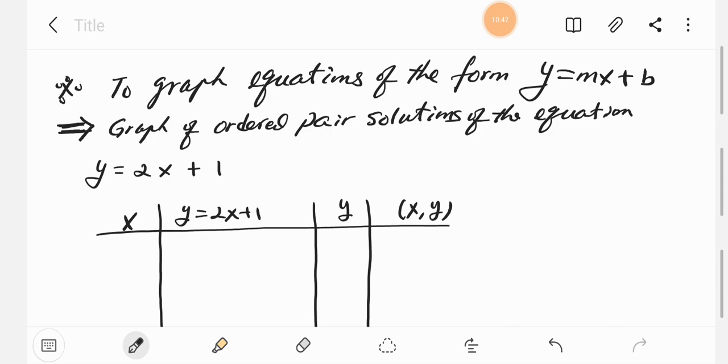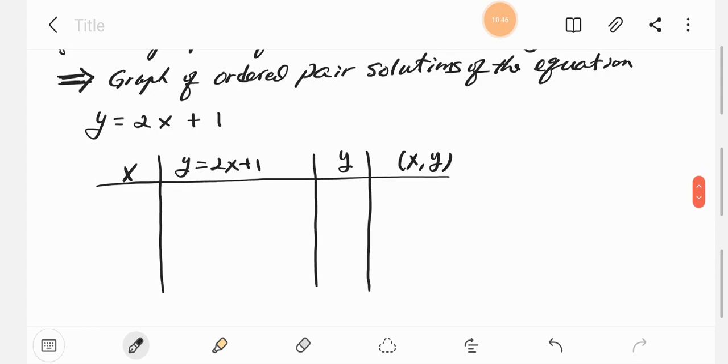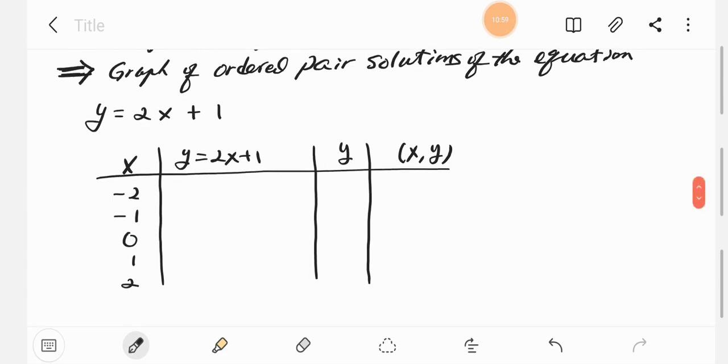Then we want to find some ordered pair solutions. So let's give some x values. Why don't we try x values of -2, -1, 0, 1, and 2, and then find the corresponding y values for these x values.